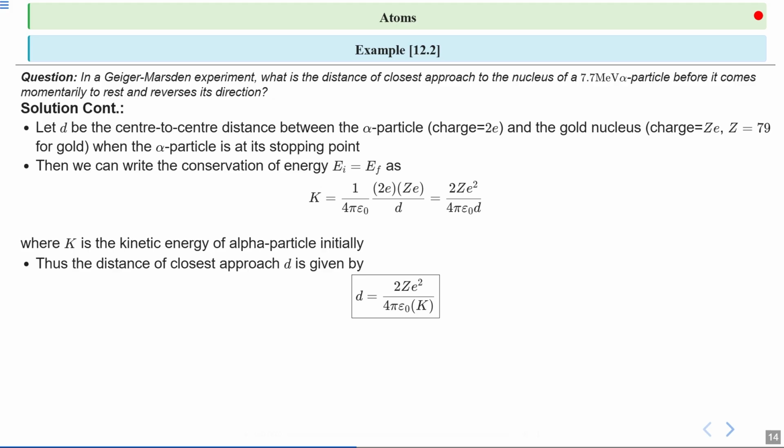So the formula for the distance of closest approach is D equals 2Ze squared upon 4 pi epsilon naught K. This means D depends on the charge of the nucleus Z, the charge of the alpha particle, and the initial kinetic energy K. If the kinetic energy increases, D gets smaller, meaning the particle can get closer to the nucleus.